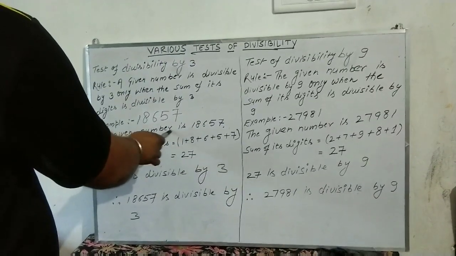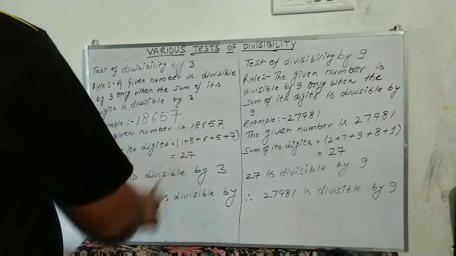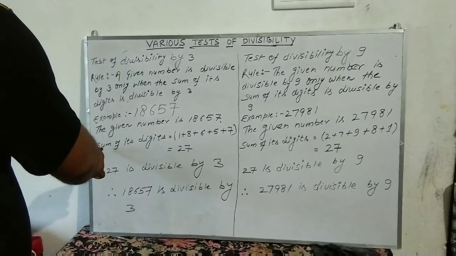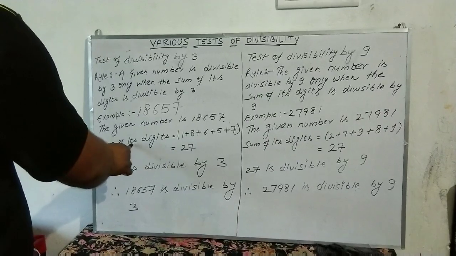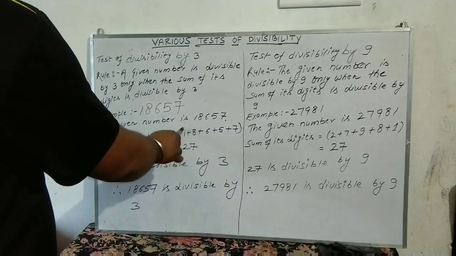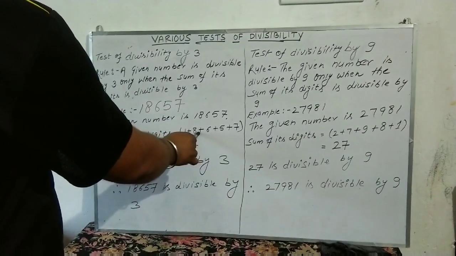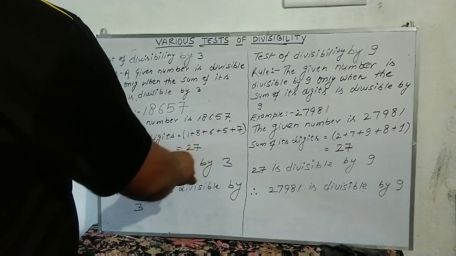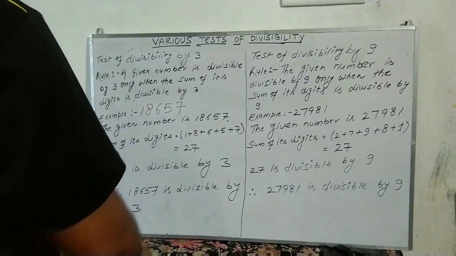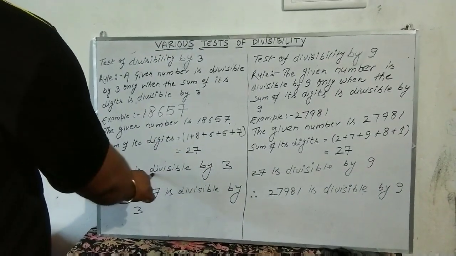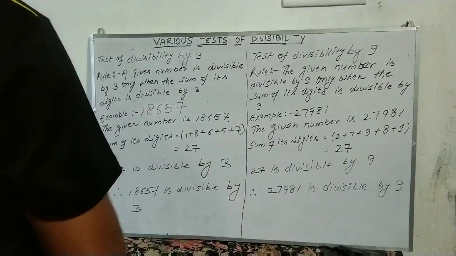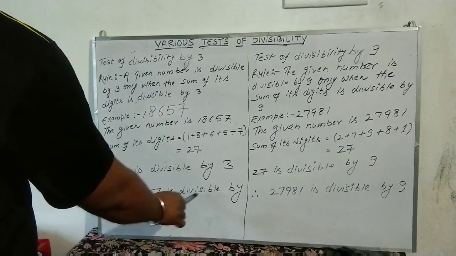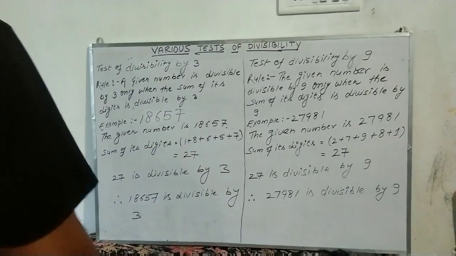In the next step, we will add its digits. So, the sum of its digits is equal to 1 plus 8 plus 6 plus 5 plus 7 is equal to 27. And we know that 27 is divisible by 3. Therefore, 18,657 is also divisible by 3.